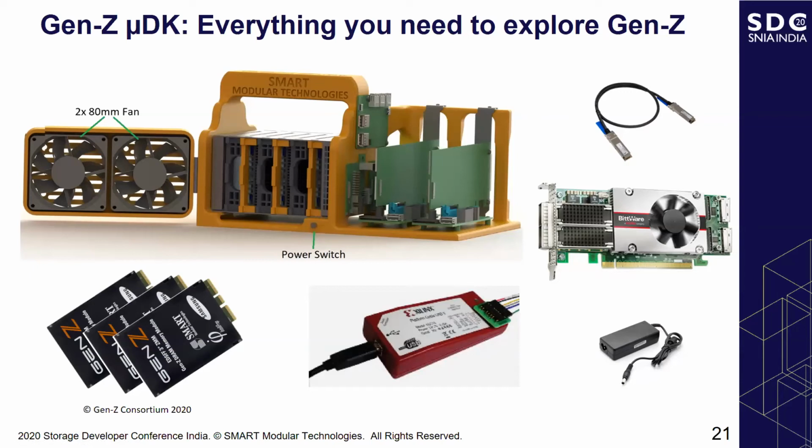So the Gen Z micro development kit has everything you need to explore Gen Z. It provides a complete setup to perform load store memory access over the Gen Z fabric. It is the smallest and simplest platform that allows for the development and test of Gen Z in-band management and fabric manager software as well as Gen Z memory-driven computing applications. It is optimized for cost, size, and flexibility of fabrics.